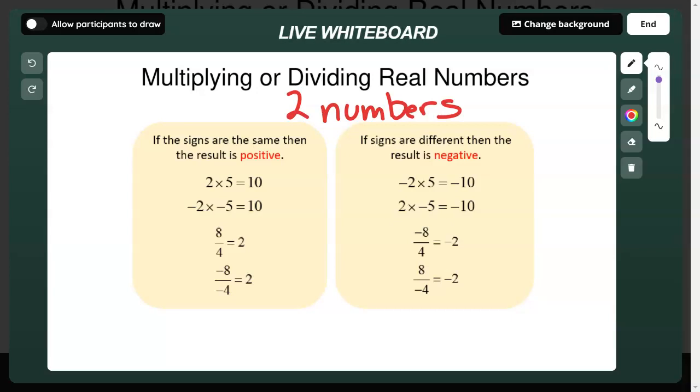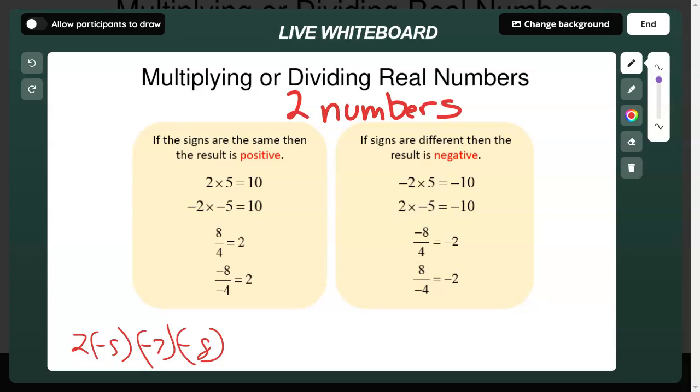So if I have 2 times negative 5, is that going to be positive or negative? Negative. But what if I also had times negative 7? So I have negative from the product here times a negative number, positive for the final one, and then a negative 8 at the end. My final result is going to be what? Negative. So every time I add a new number, I have to repeat that process to see what the sign is going to be. Okay?